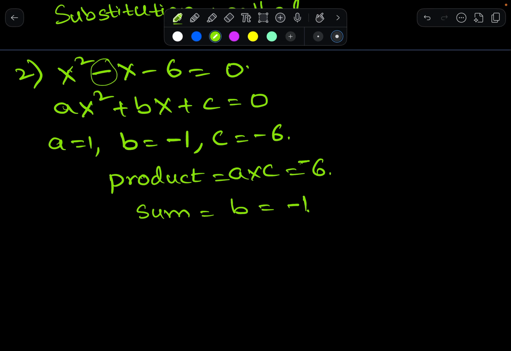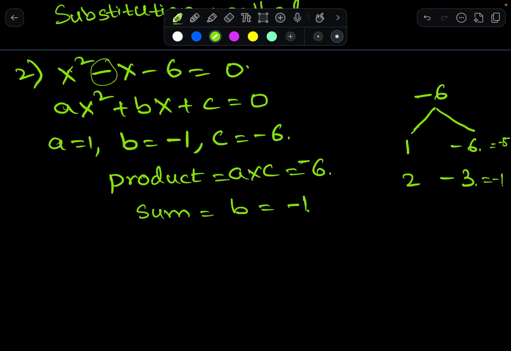So let's write minus 6 in terms of its factors, which is 1 and minus 6, but their sum is minus 5, which is not equal to our b, minus 1. So let's try to write it as the other factors. This could also be written as 2 and minus 3, whose sum is equal to minus 1.